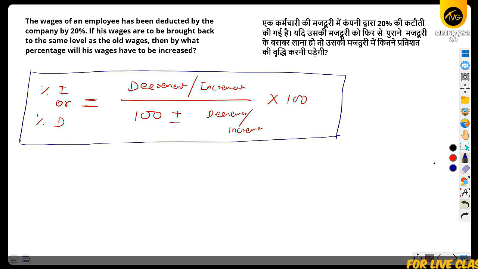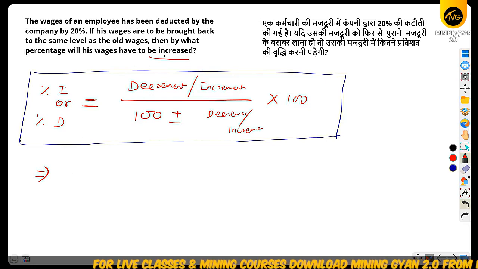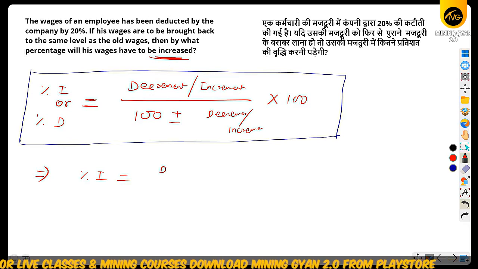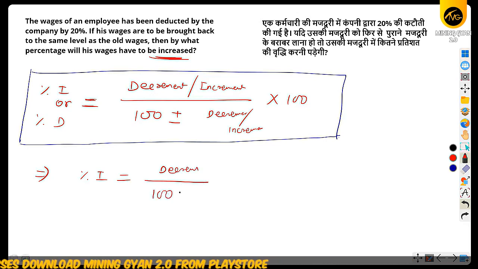Now in this case we have to increase the wages, so that's why you can use the percent increment formula, which is the decrement condition. So decrement divided by 100 plus minus decrement into 100.